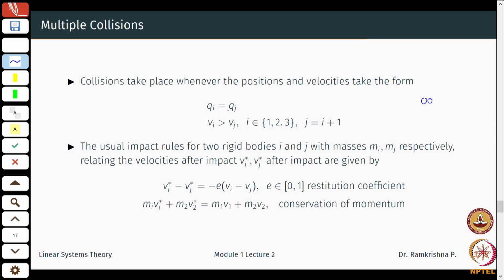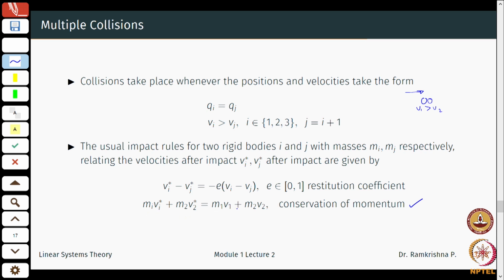It is point masses, so I can quantify this quite nicely. And then if they are moving in this direction, and the velocity V1 is greater than the velocity V2, then collision will happen. Now, what do we know from physics? This is a very standard thing: conservation of momentum, that the total momentum before impact is equal to the total momentum after impact.